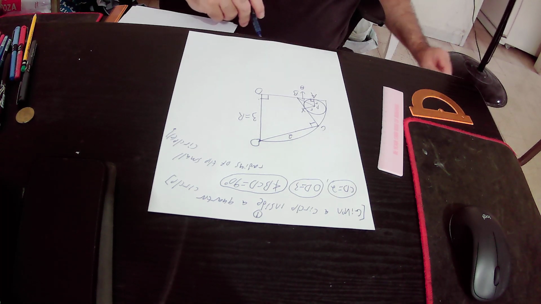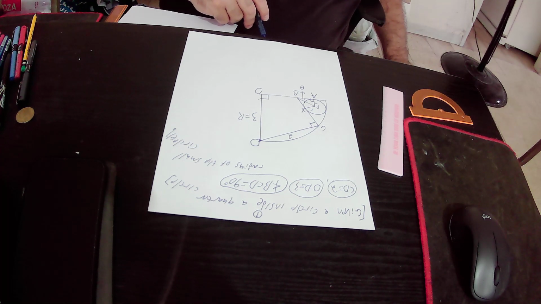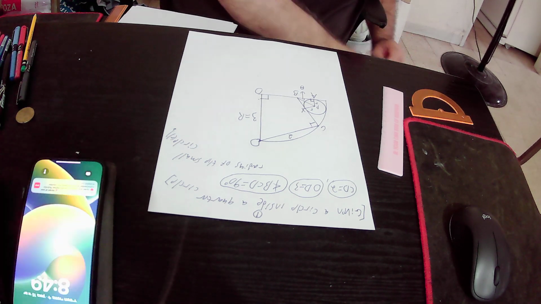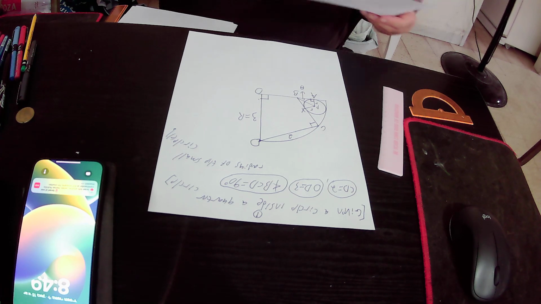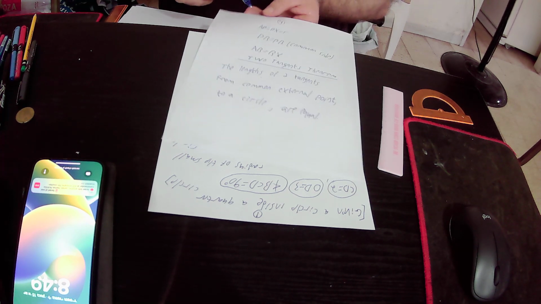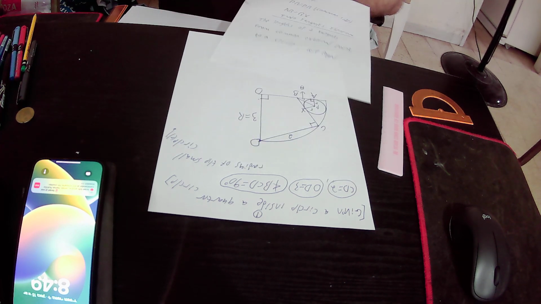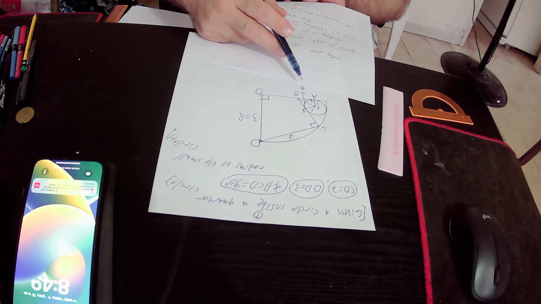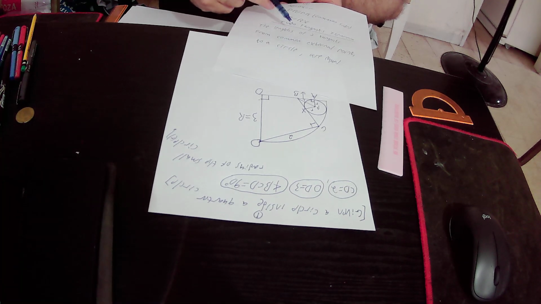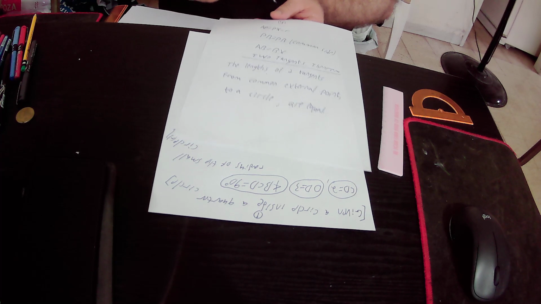So actually we proved that all the sides of triangle APB are congruent to all the sides of triangle PBX.